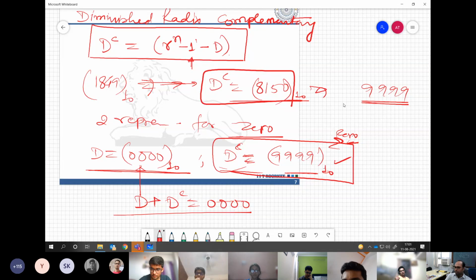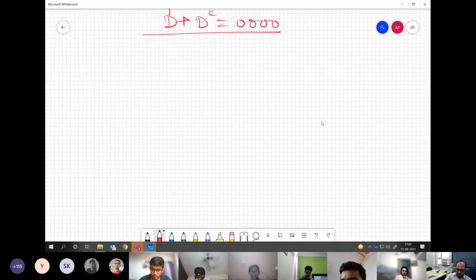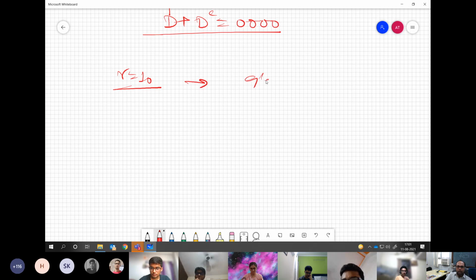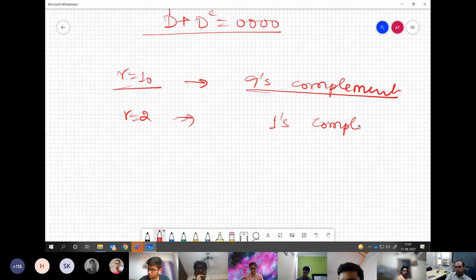So for specific radix cases, when we talk about r equal to 10, this is called 9's complement, because we are simply subtracting from 9. For r equal to 2, we call it 1's complement. We are simply subtracting from 1. That's all. Clear?